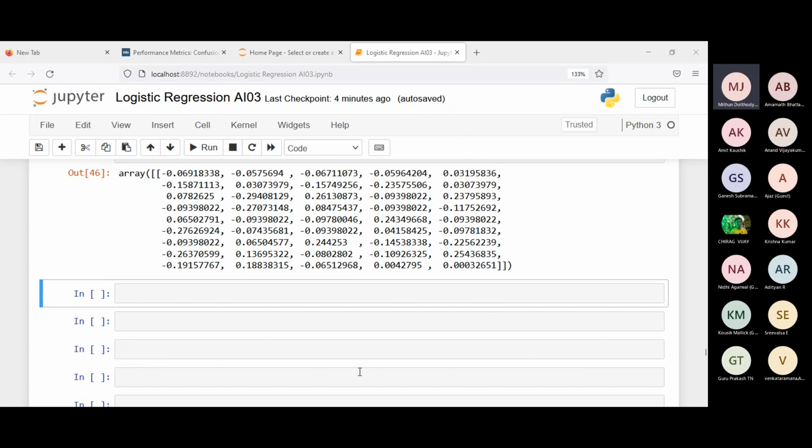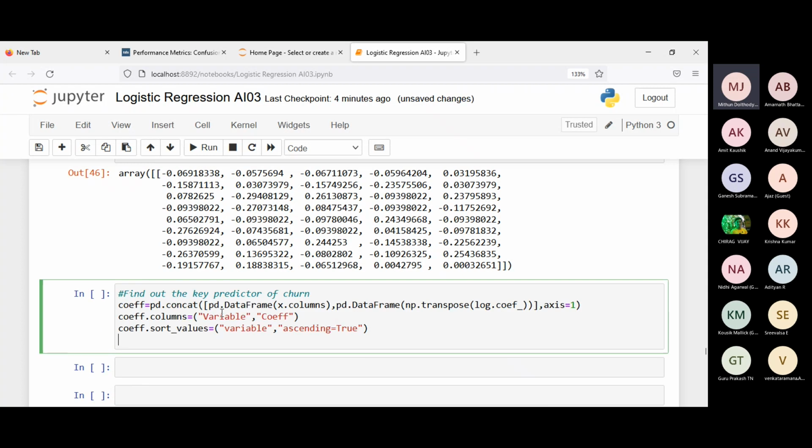So basically, what we have to do at this stage is to label this. Okay, I'll just copy paste this code because this is slightly lengthy and you may miss out on these things. Please copy paste this.